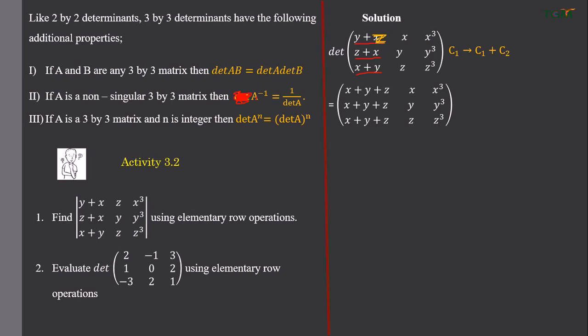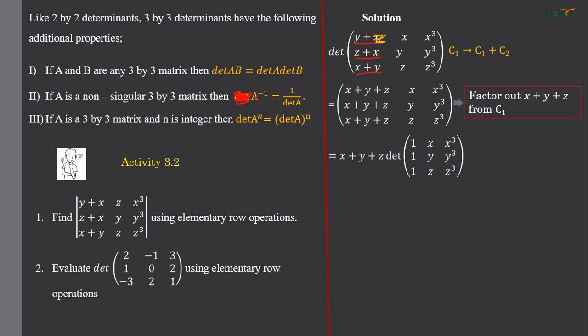Having that, we are going to factor out X plus Y plus Z in column 1, and that should give us X plus Y plus Z multiplied by the determinant of 1, X, X cubed, 1, Y, Y cubed, 1, Z, Z cubed.